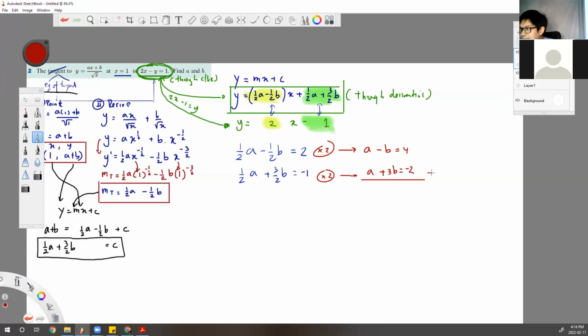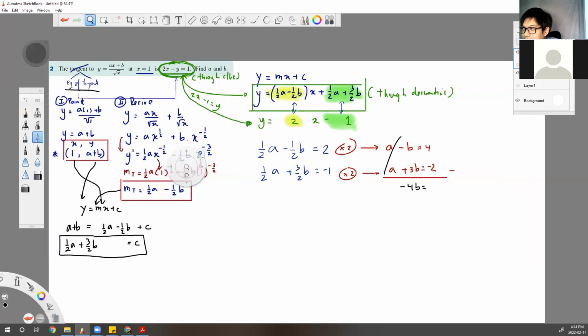Wait, is there something wrong? Oh yeah, okay. So after you get the a, you equalize the a, you can cross this, cross -b minus 3b minus 4b. Wait, I think I did something wrong here. Might be, I don't know. Wait, a plus b equals m. M is half a minus half b.